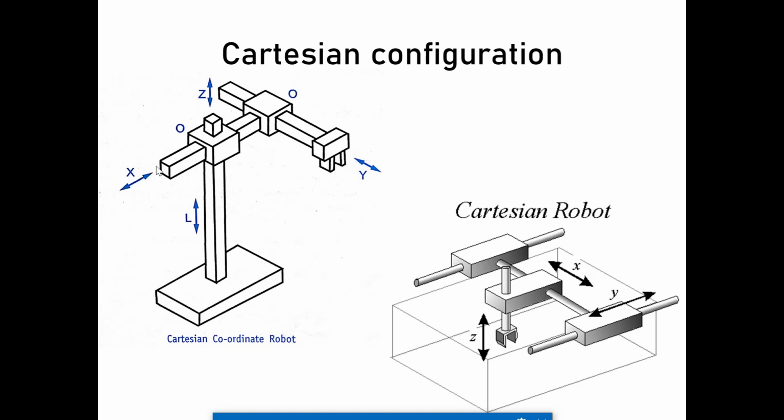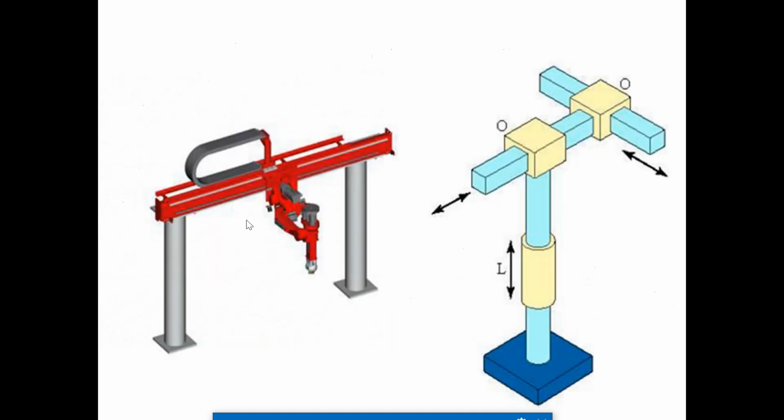In the x direction, the link can be moved front and backwards. In y direction, this end effector can be moved backwards and forward. In z direction, the height can also be adjusted. So this is nothing but the Cartesian coordination of a robot. This is a 3D view of the Cartesian coordination of a robot.